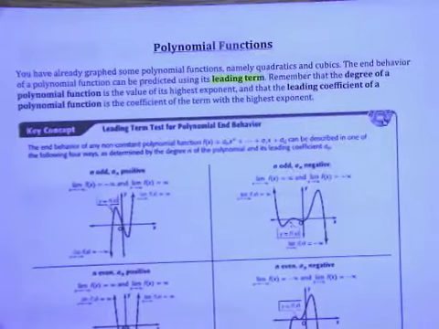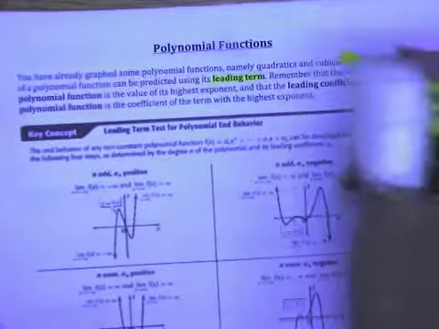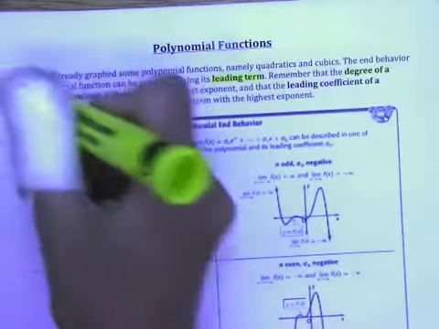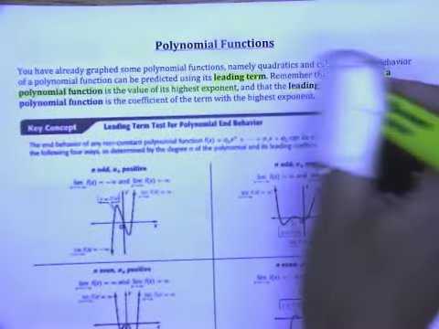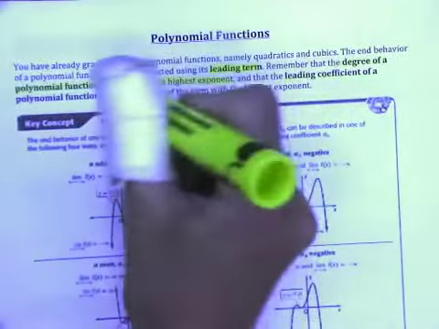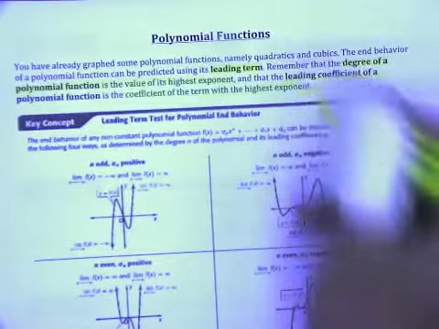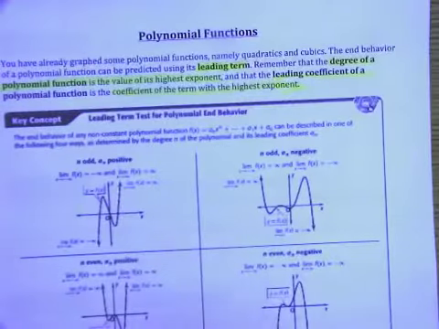So the leading term of a polynomial is just the term with the highest degree. The degree of a polynomial function is the value of its highest exponent, and the leading coefficient is the coefficient of that term with the highest exponent.